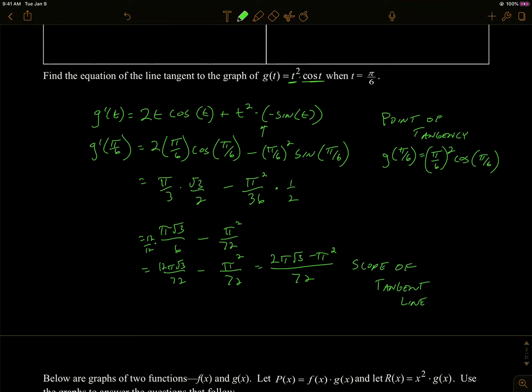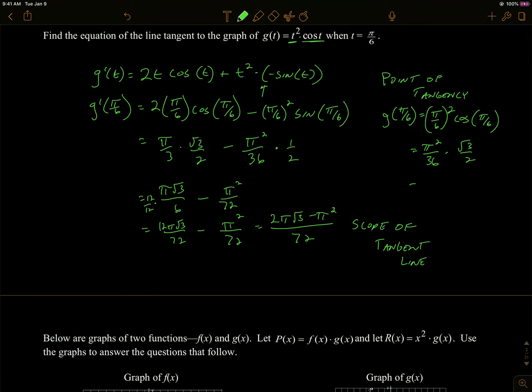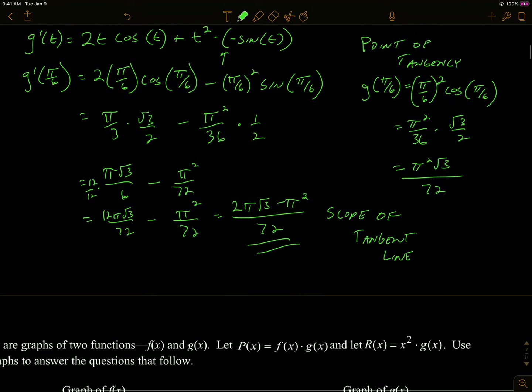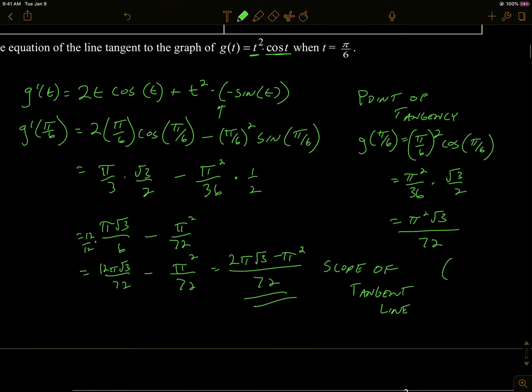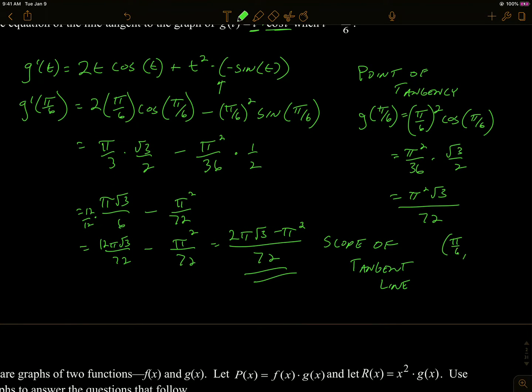Again, cosine of pi over 6 is root 3 over 2, so it's going to be pi squared root 3 over 72. So this is the slope, and our point of tangency is going to be, the x value was pi over 6, and the y value is pi squared root 3 over 72.